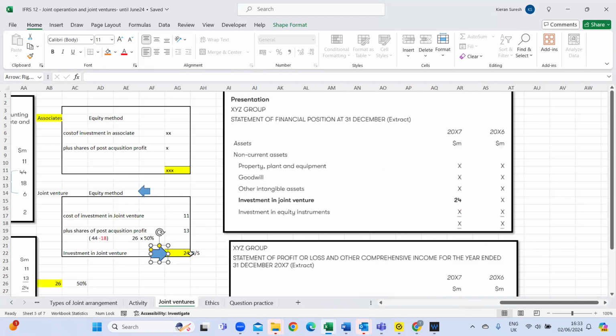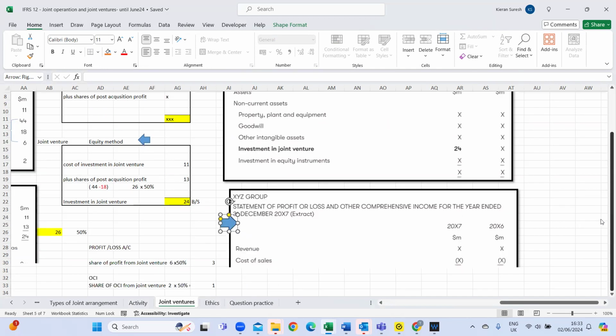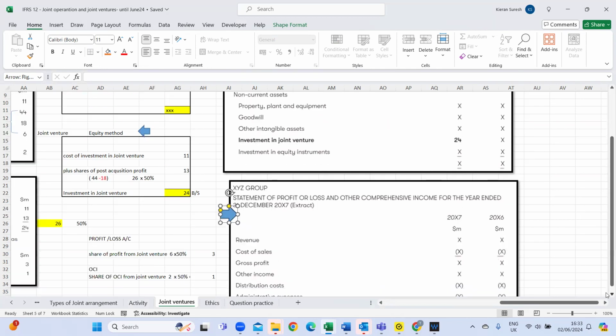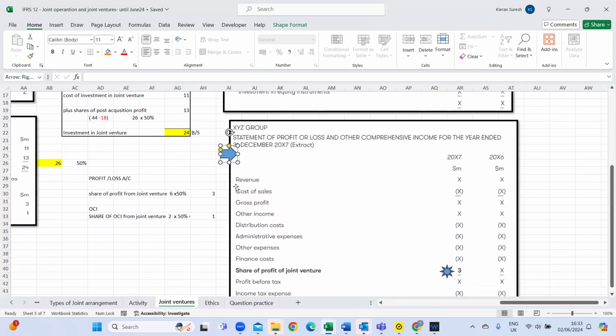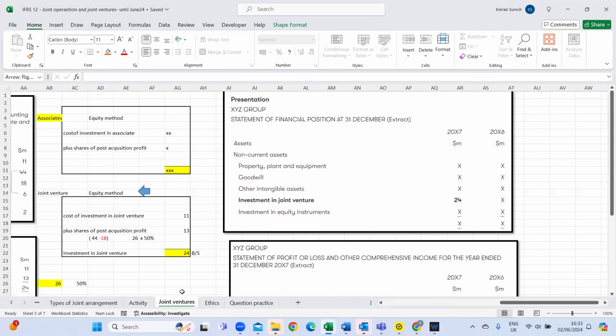In the presentation, investment in joint venture is shown as a non-current asset after the intangibles, at the bottom. In the profit and loss account, we would have one line: share of profits of joint venture. It's similar to an associate. That's the only thing you need to make note of.